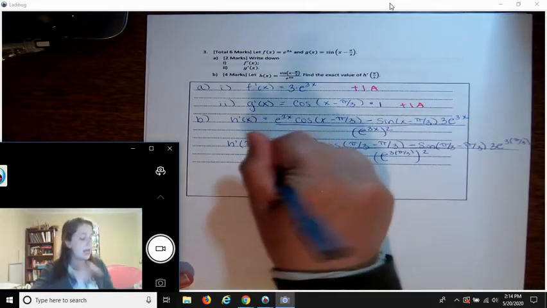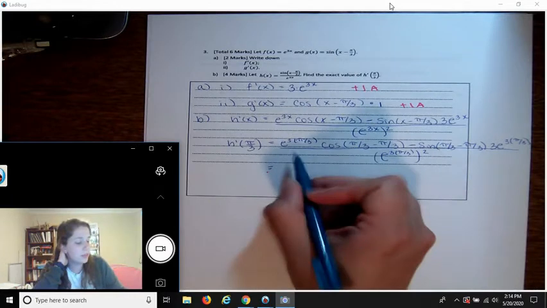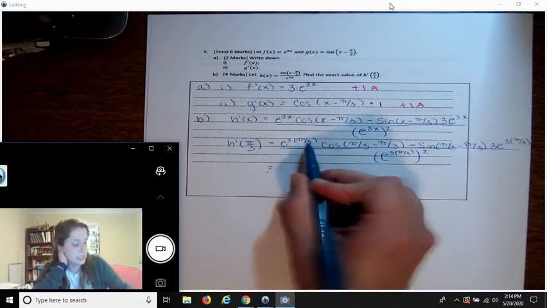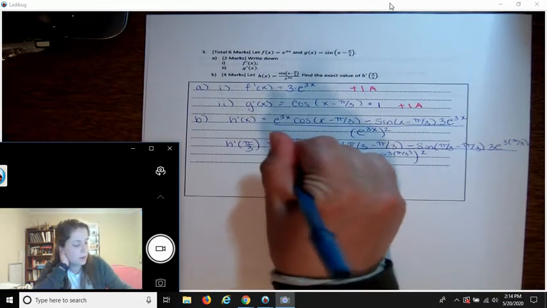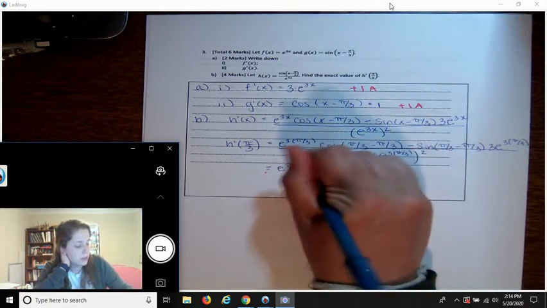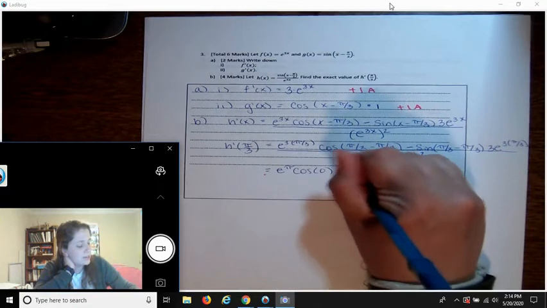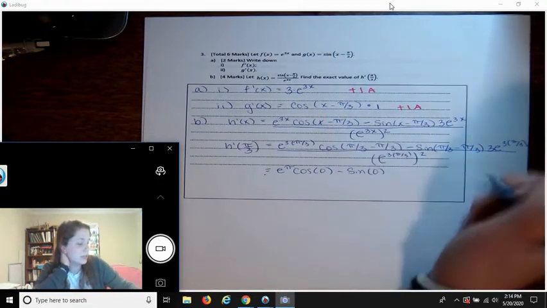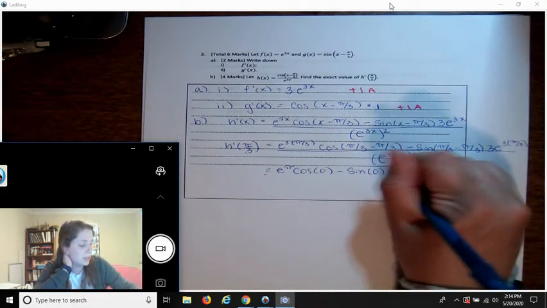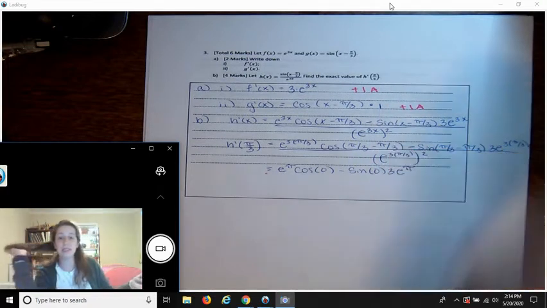Now e to the 3 times pi over 3 is just e to the pi, times the cosine of 0. Cosine of 0 is 1, minus the sine of 0. The sine of 0 is 0, so this whole thing after the minus sign ends up being 0.